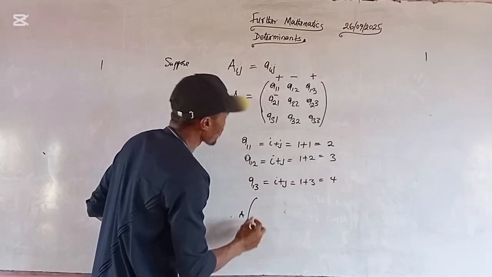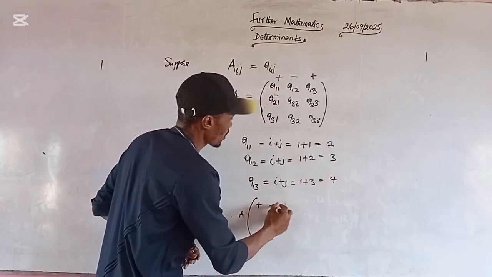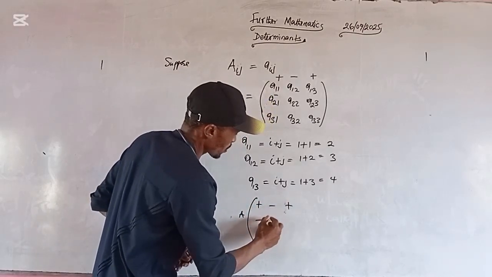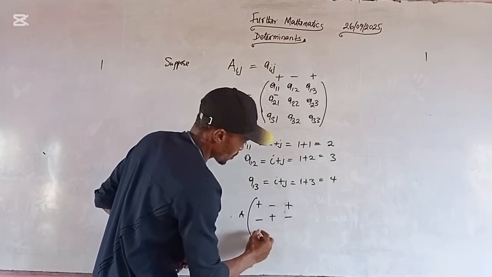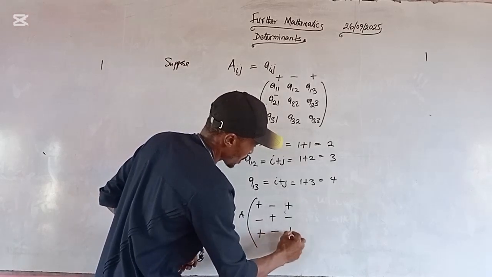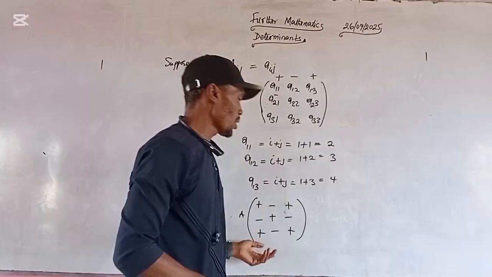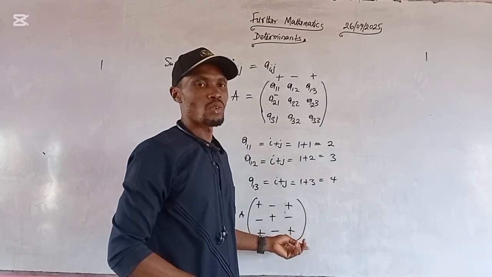The signs of the cofactors will be plus, minus, plus, minus, plus, minus, plus, minus, and plus. This can be used to determine the sign of the cofactors.